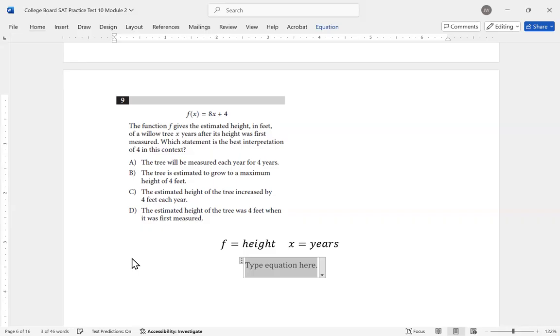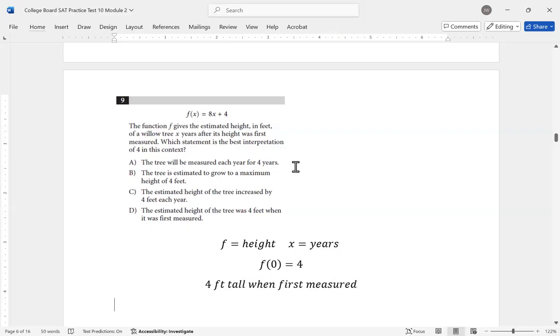And the best thing I know how to think of is to say, well, if we plugged in 0, the 8x would go away and we'd just be left with 4. So what that means is that initially, when this tree was first measured, it was 4 feet in height. So it was 4 foot tall when first measured.